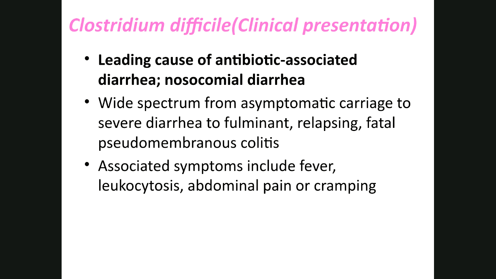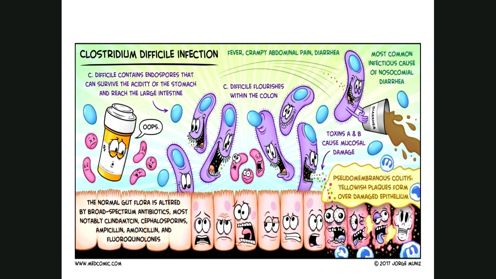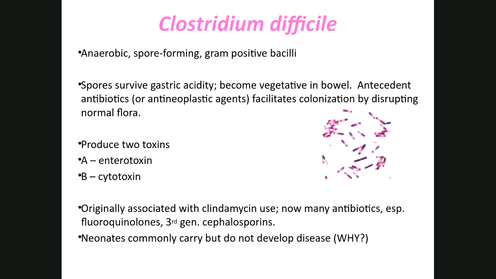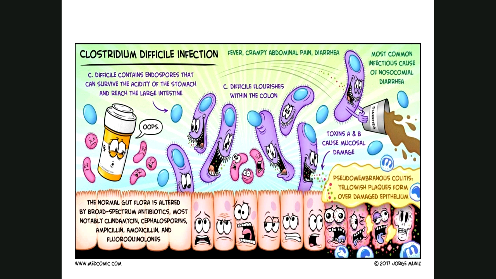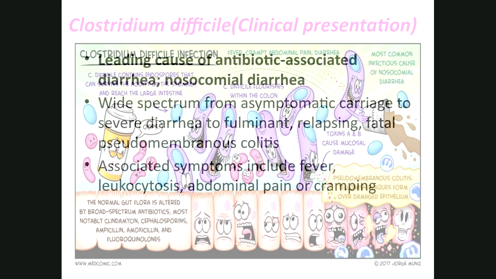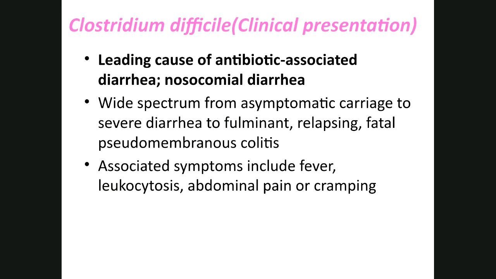In this pseudomembranous colitis, we have seen these two toxins, and this cytotoxin is produced in large quantities, and if the infection remains untreated for some time, then there is a lot of necrosis of the epithelium, and these necrotic cells form a membrane on the inside of the colon.